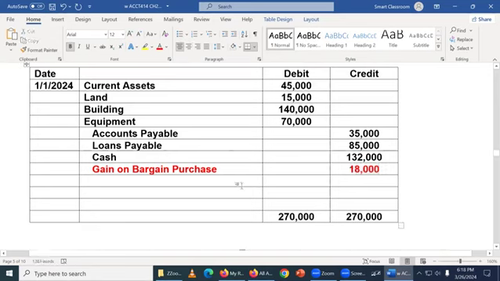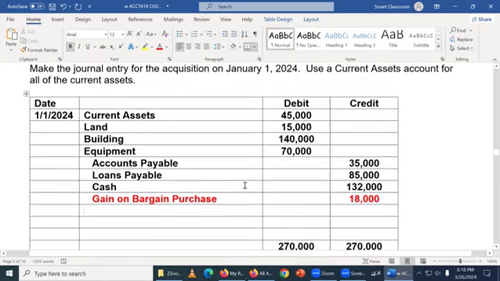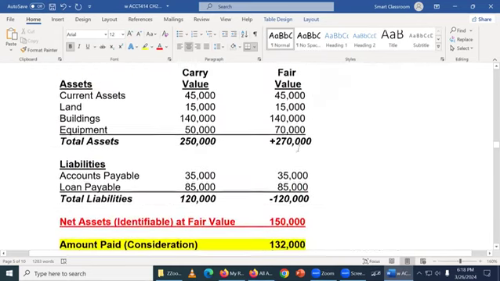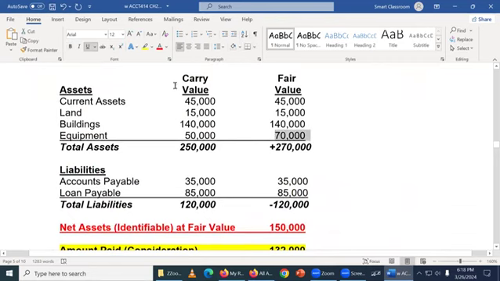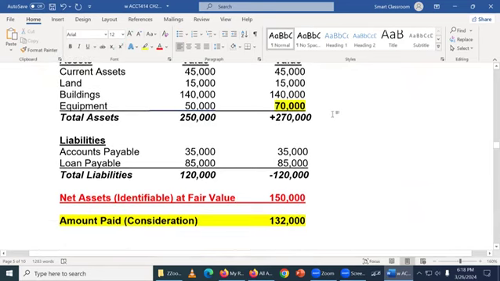Professor, how did you get 70,000 for equipment? I have everything else correct. I just wanted to know, how did you get 70,000 for equipment? Yeah, so we're going to put all these on at the fair value.